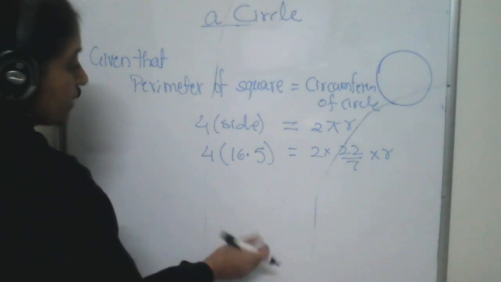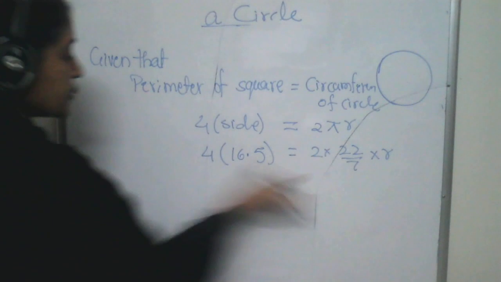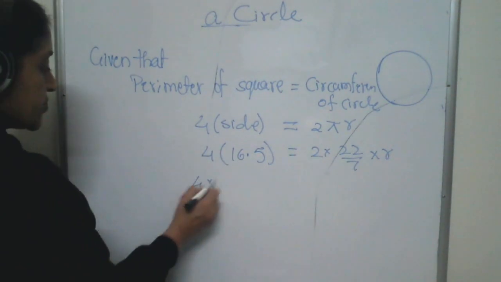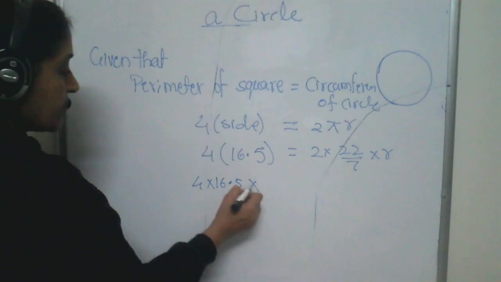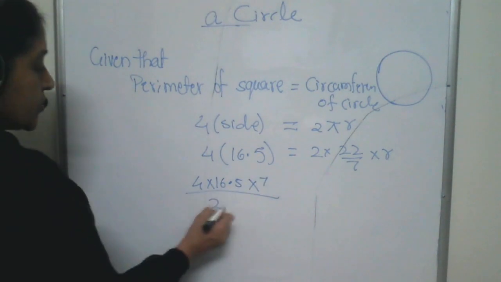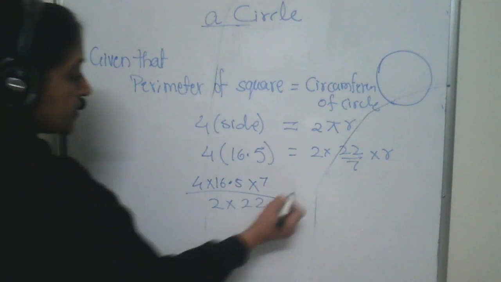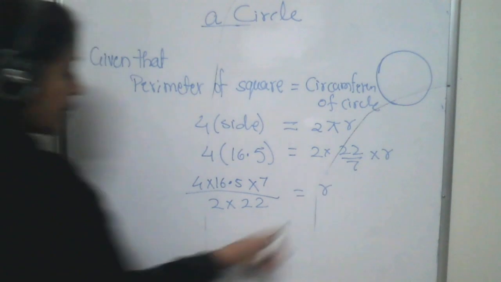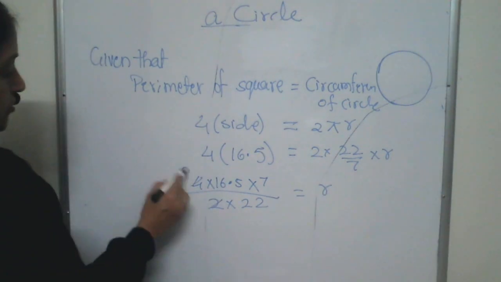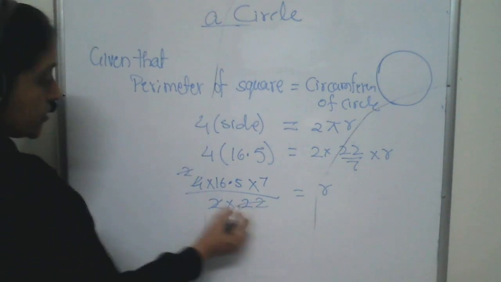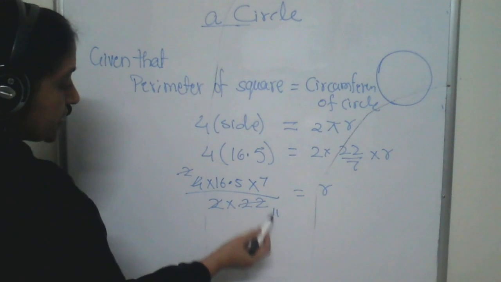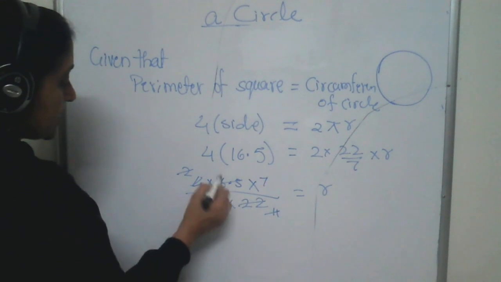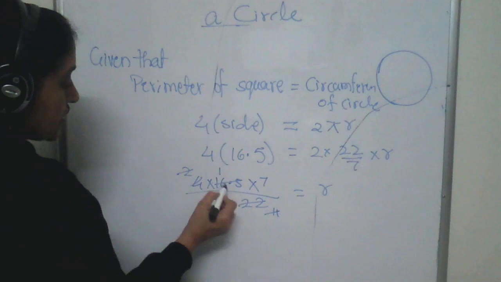Now you can bring these numbers to this side, that is 4 into 16.5. Now 7 will come as multiplication and 2 into 22 goes for the division, that will be r. Now 2 1s are 2, 2 11s are 22. Now 165 gets divided by 11. 11 1s are 11.